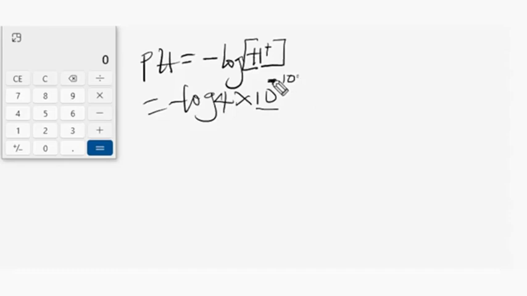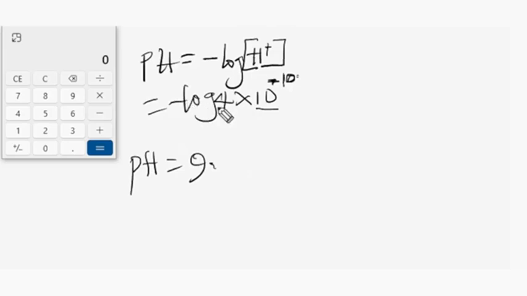So the power is -10, so I change it to positive, and that's 10, and then subtract 1 from it, and that's 9. So I'll have 9 point something. So I already know that the pH here will be 9 point something, so I can simply go to the options and check the one that has 9 point something.